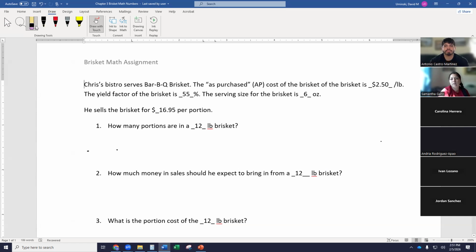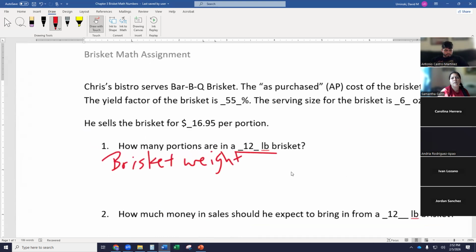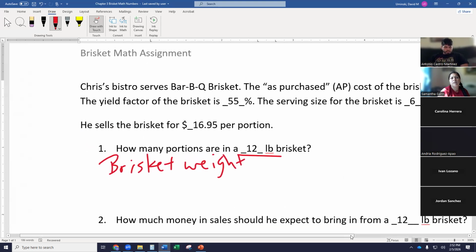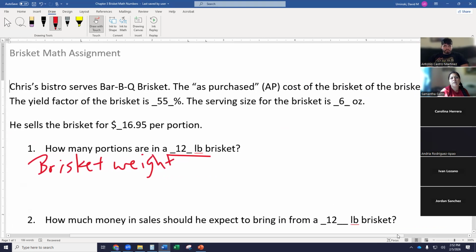So let's start. And I want you to write the formulas exactly like I write them. Okay? So how many portions are in a 12-pound brisket? We're going to take the brisket weight and multiply it by the yield factor percentage.